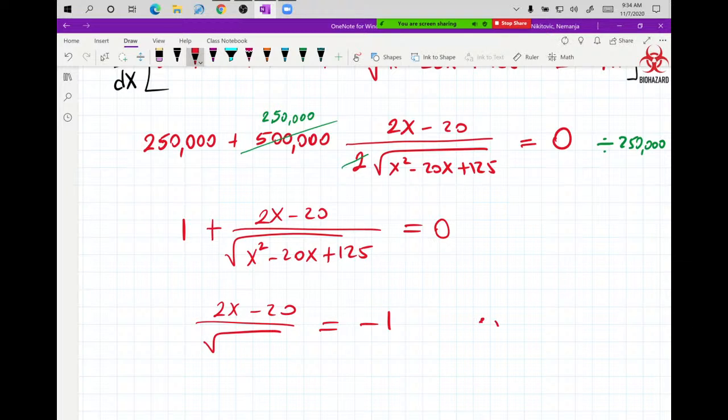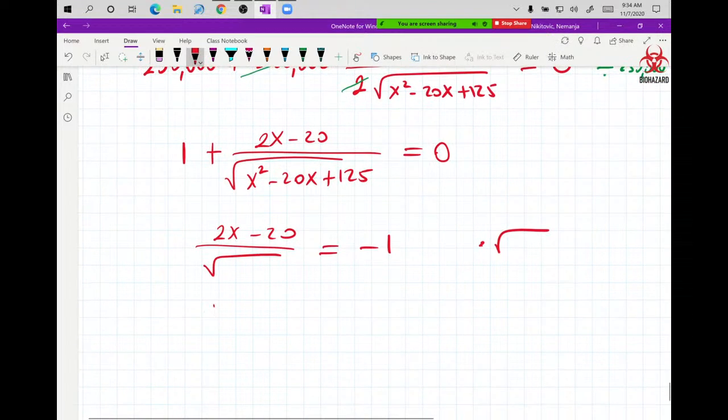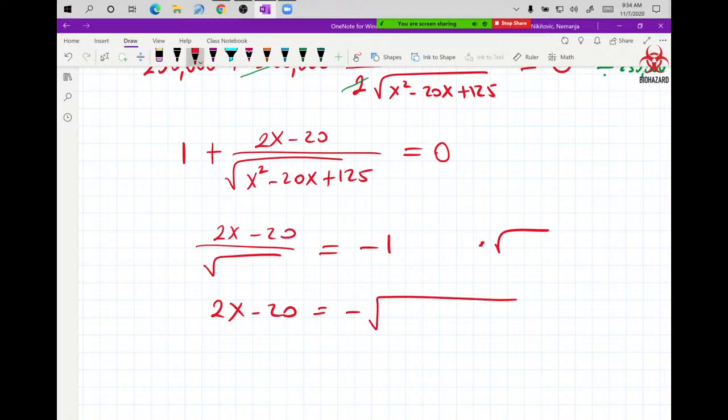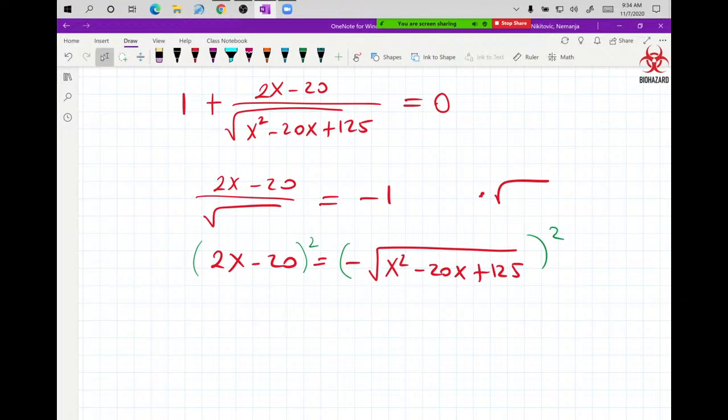You multiply both sides by the square root, and you get 2x minus 20 equals negative square root of x squared minus 20x plus 125, at which point you square both sides, and now on the left-hand side you have 4x squared minus 80x plus 400, right? So that's 4, 2 times 20 is 40, times 2 is 80.